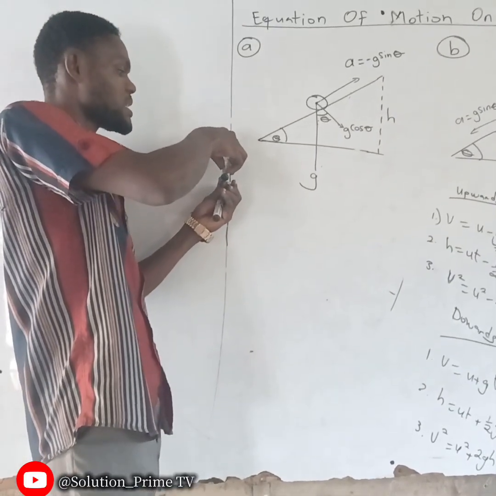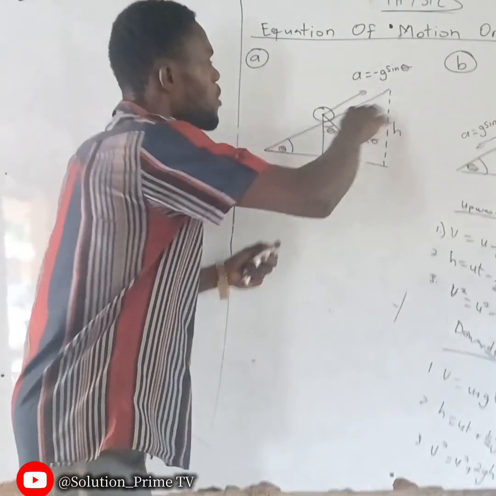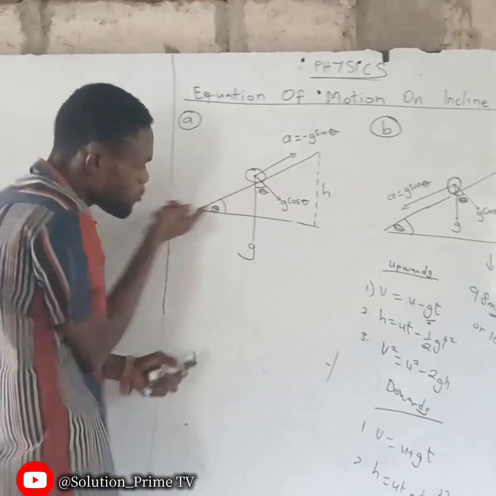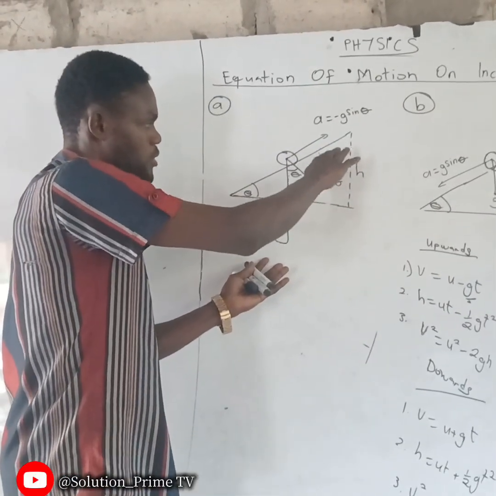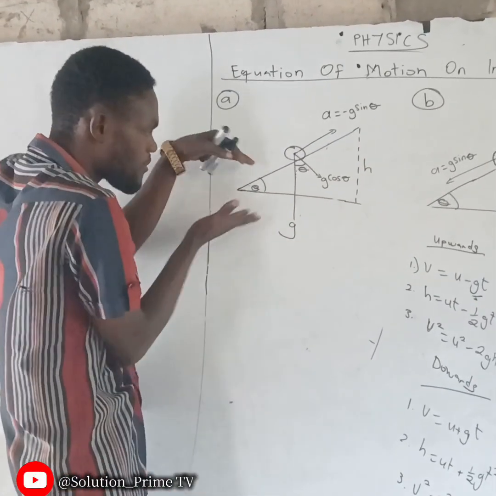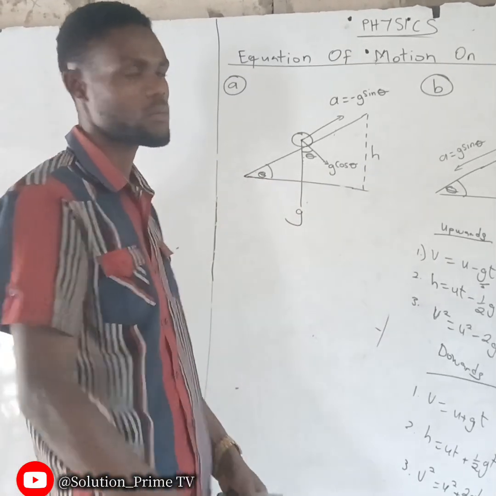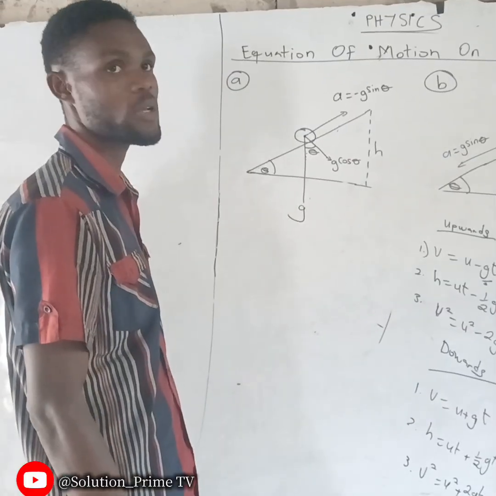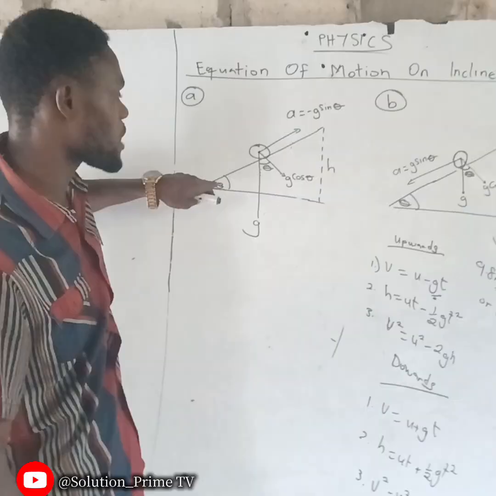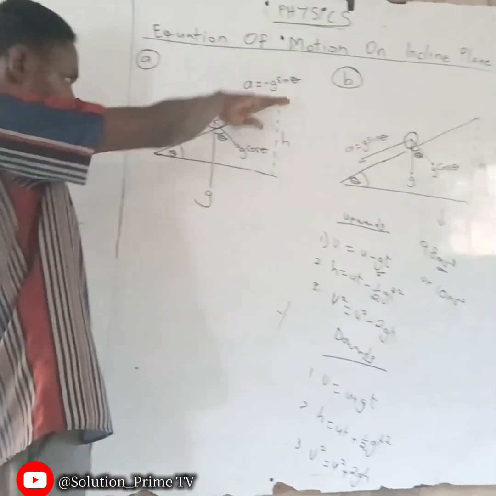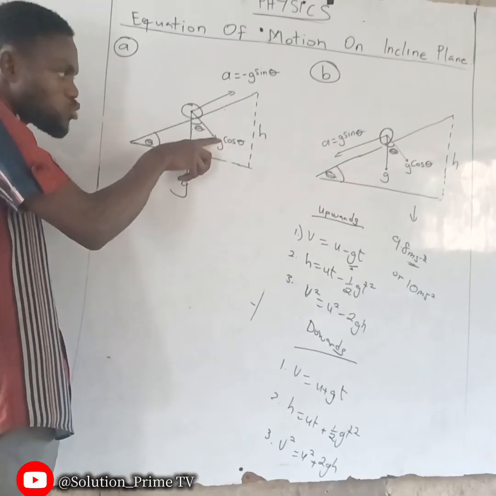This angle will be like this. That is why this angle is equal to this angle. Are you following? Yes. If you try to close the angle to be 0, dragging it down, this one will also close.